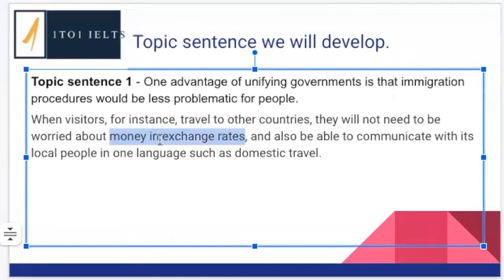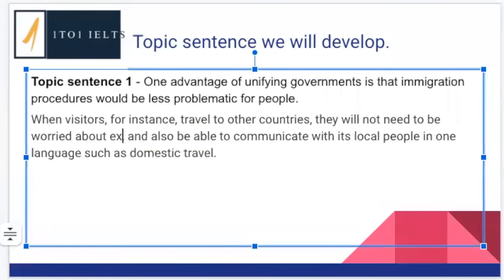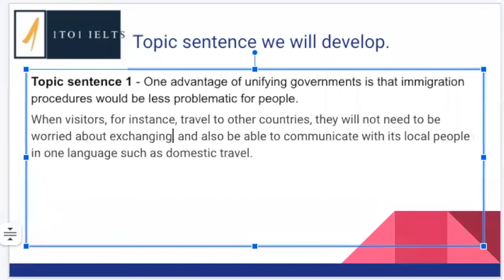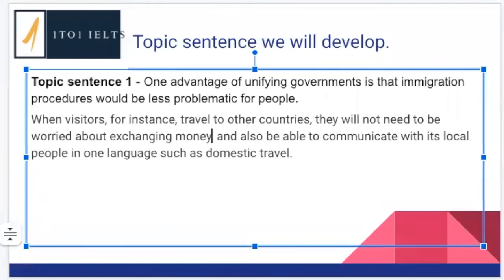So what is strange here? We can't have money in exchange rates. You can say they won't have to be worried about exchange rates or exchanging money. I think that would be the best way to express this. And also be able. So here we want a subject.